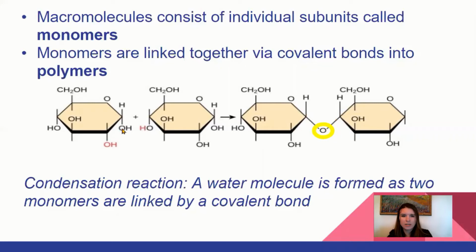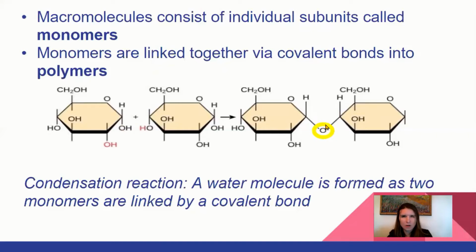So we used to have two hydroxyl groups. Now we just have an oxygen in the center of these two covalent bonds between our monomers. We've gotten rid of one hydrogen and an oxygen and a hydrogen from the other functional group.